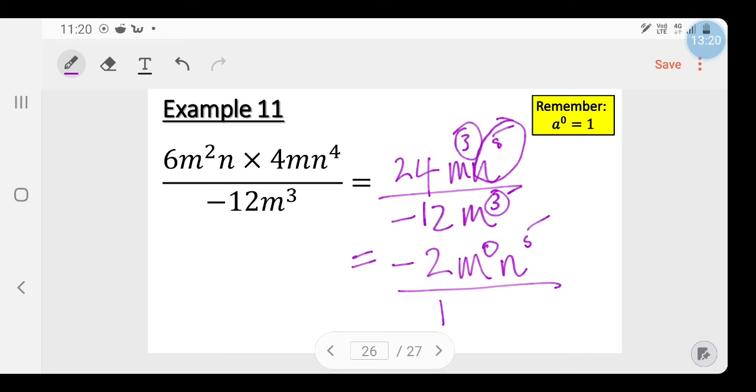All right, I'm running out of room, so I'll do my equal sign over here. Tidy things up a little bit. If we just have a 1 on the bottom of a fraction, that's not doing anything particularly useful, so we can get rid of that. This is 1 because it's m to the power of 0. So that's just minus 2 times 1 times n to the 5. So we can get rid of that, and the answer is minus 2n to the 5.